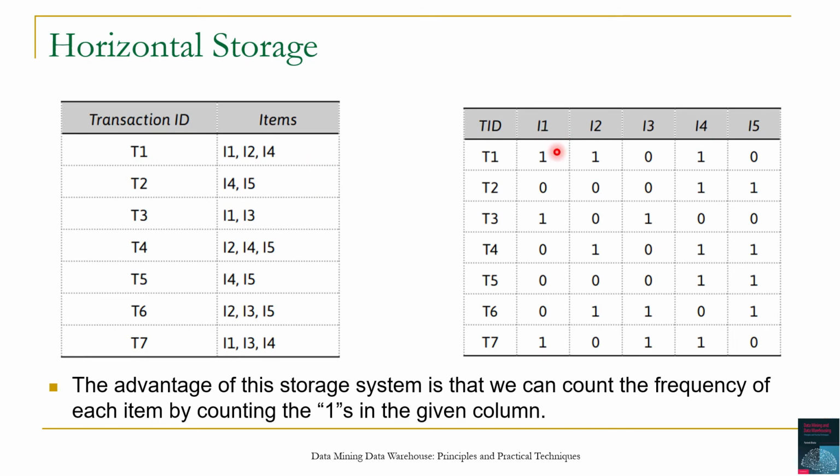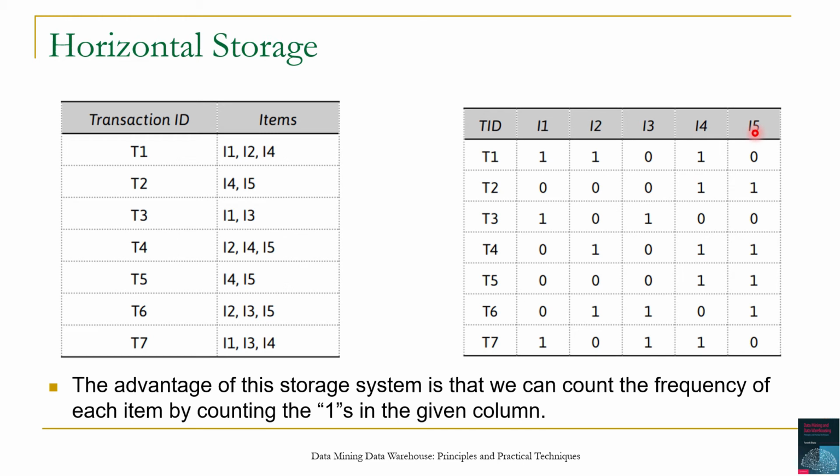In case of horizontal storage, we are creating columns for each item. In this database, we have a total of 5 items, so we have created one column each for I1, I2, I3, I4 and I5. The first column indicates transaction ID, and we are storing the data about 7 transactions.